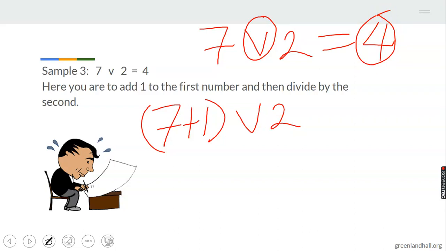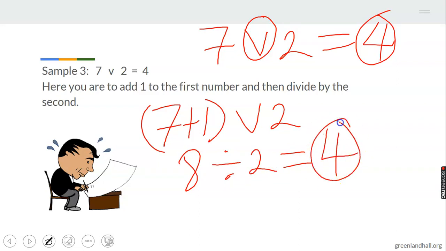Alright. Now, 7 plus 1, that will give me 8. Now, divide by 2. That will give me what, boys? 4. Brilliant. Yeah, you see? That's how it is.